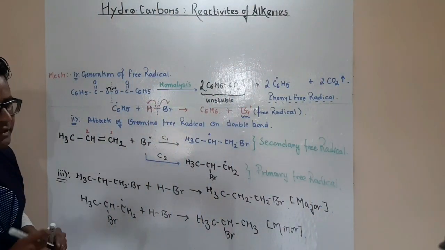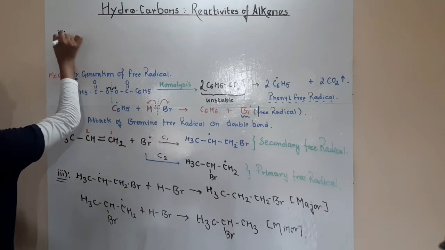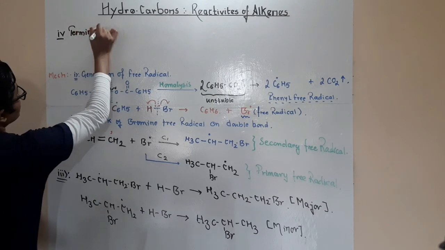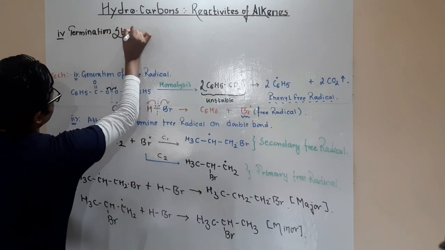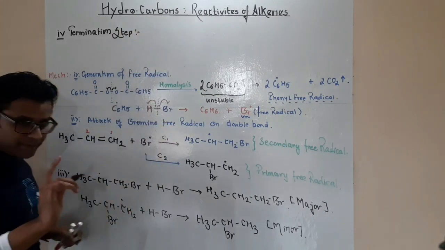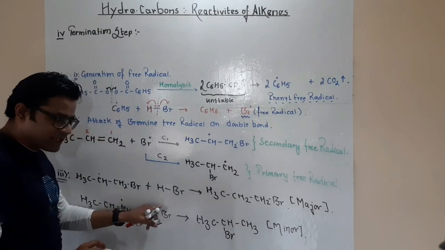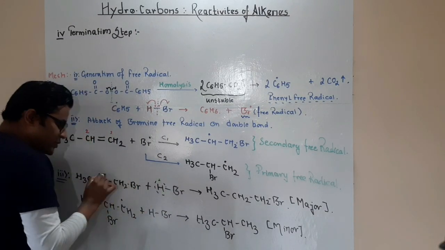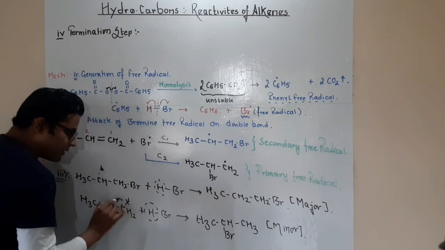So the final step, that is step number 4, is the termination step. In the termination step, observe this carefully. Here, after reacting, you have taken into consideration this particular hydrogen here, right?